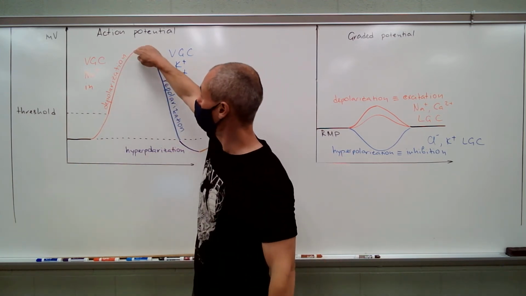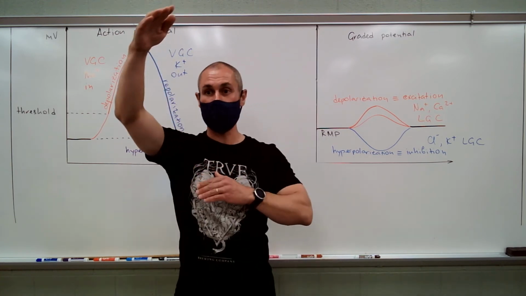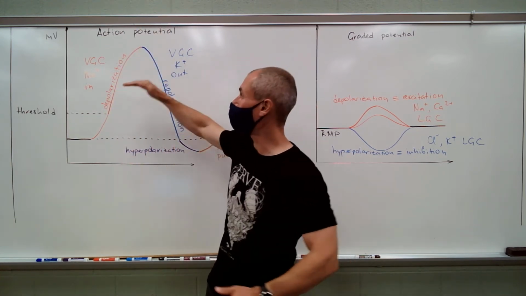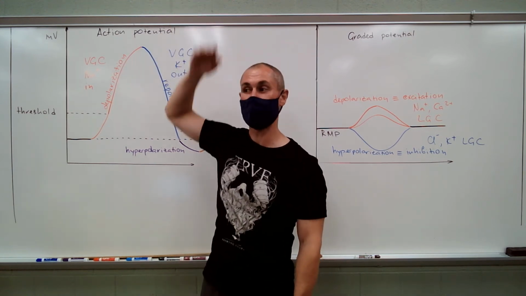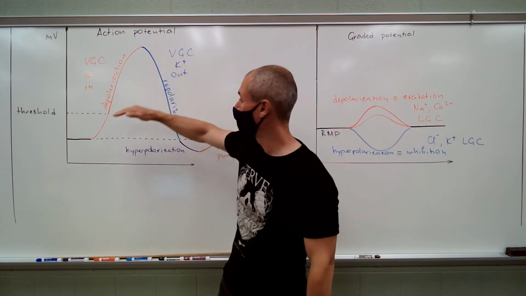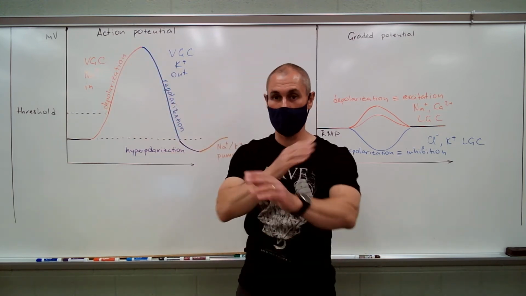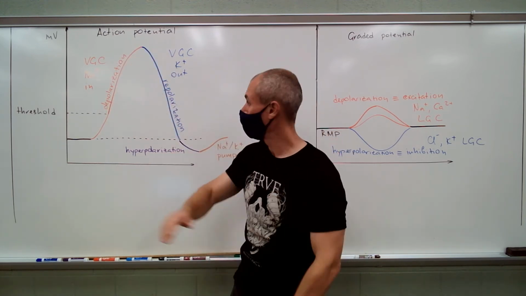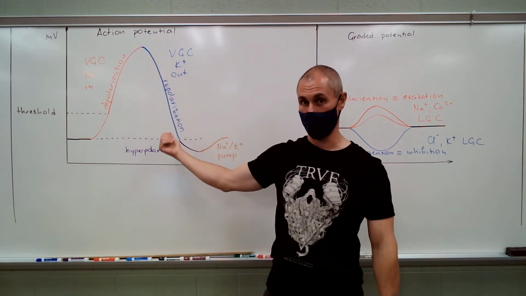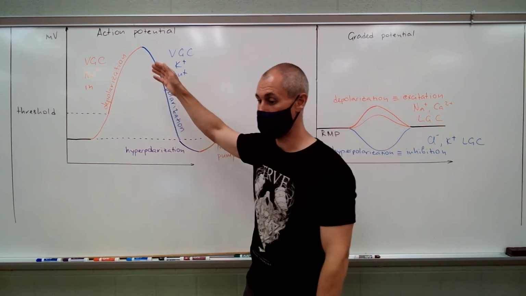When this depolarization reaches its peak, which is standard, it's never different, it's always 30 millivolts. Always. It reaches the peak, sodium channels close. Potassium channels open, and potassium diffuses out of the cell. It keeps on diffusing.